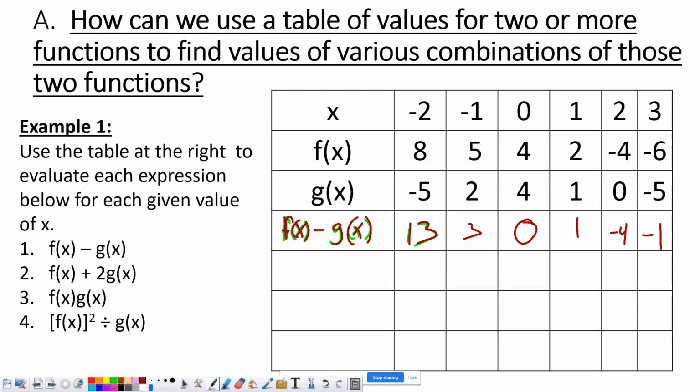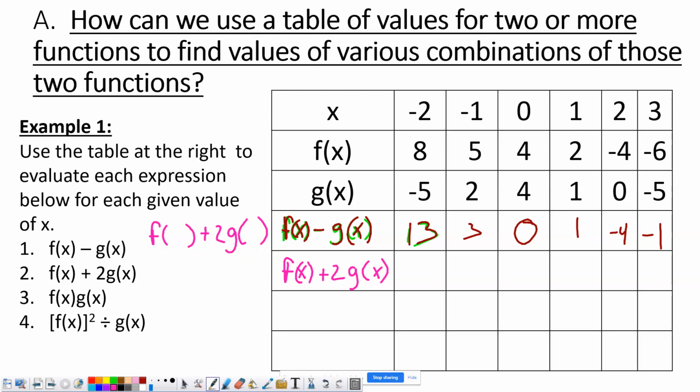Okay. Next one. The next one is f plus 2 times g. Oh, it's not minus, it's plus, sorry. Plus 2 times g.